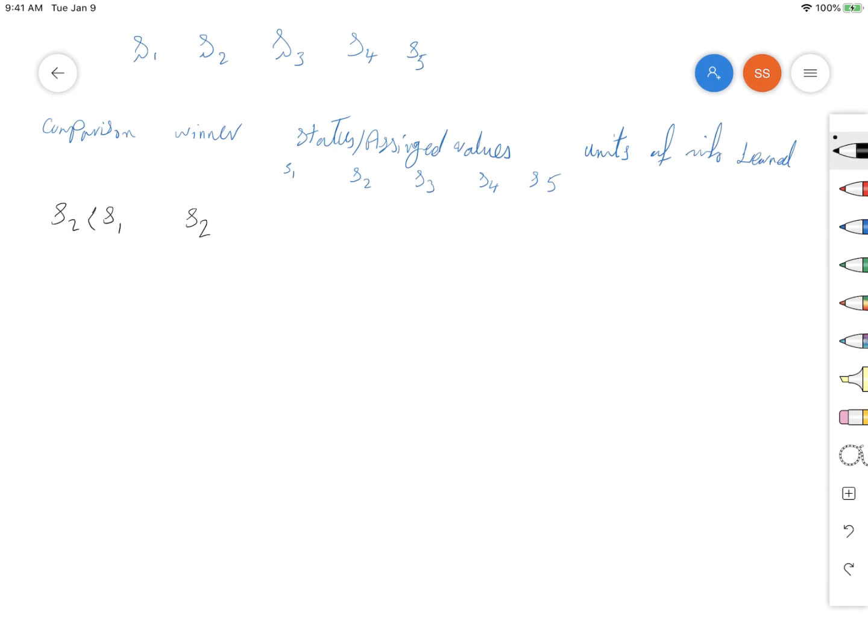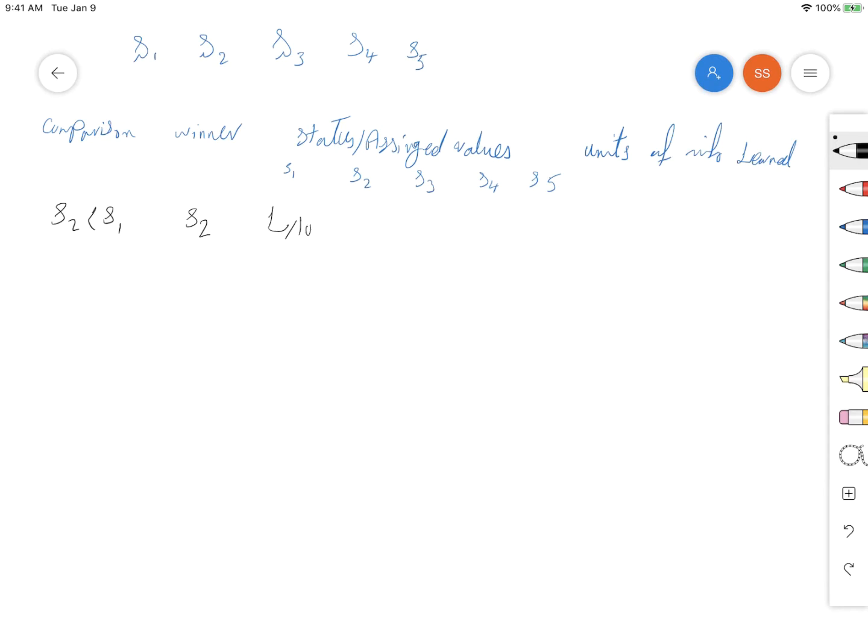So here, beside the status of each variable, S1 to S5, we are also going to assign some values to them. It's going to help us see how this adversary argument works. So S1 lost the comparison with S2, so its status is L. Let's assign the number 10 to it.